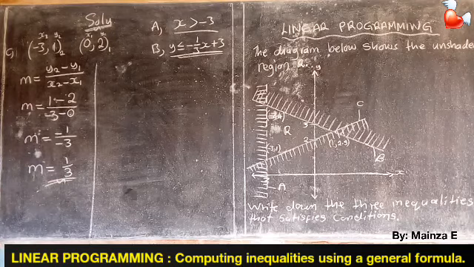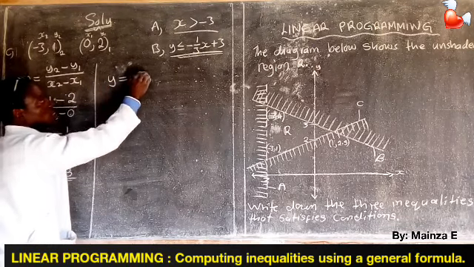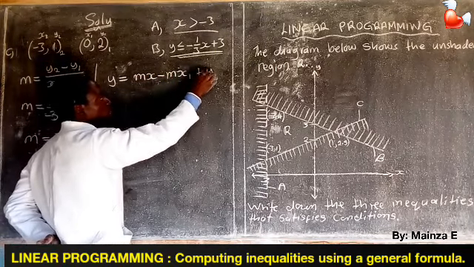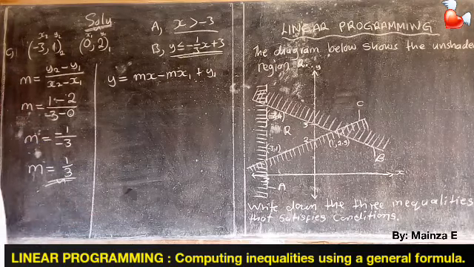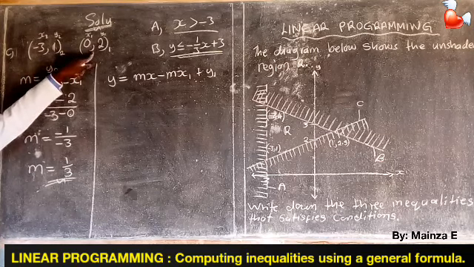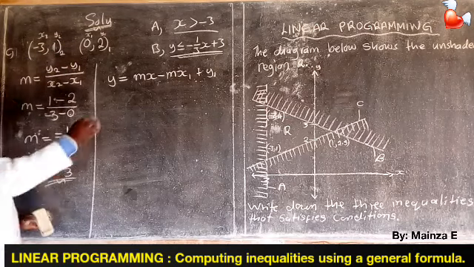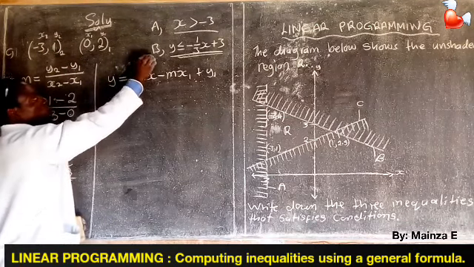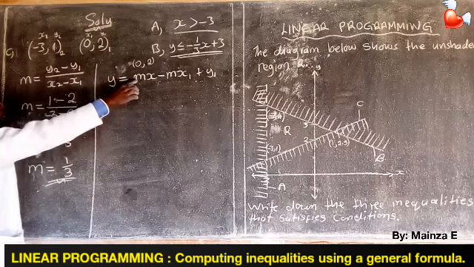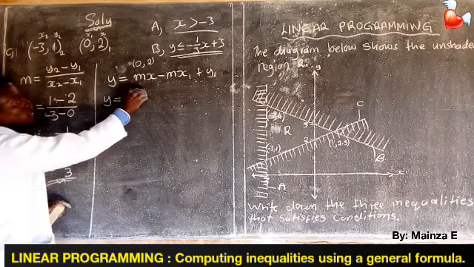Next stage, forming an equation. So y equals mx minus mx1 plus y1. Now we pick any of these two. Just go direct on this one, right? I've already explained it. So I'll pick this one because the x is 0. So I'm going to use 0, 2. So y will be equals to, for m is 1/3, 1/3 x.